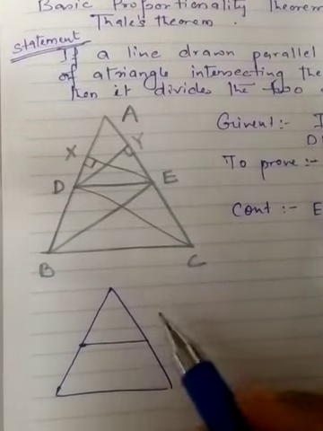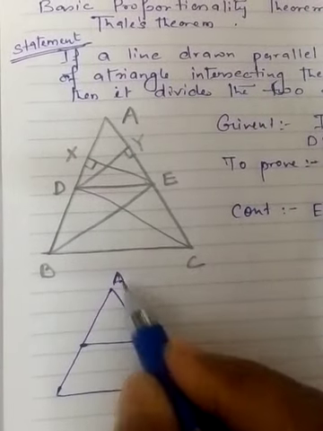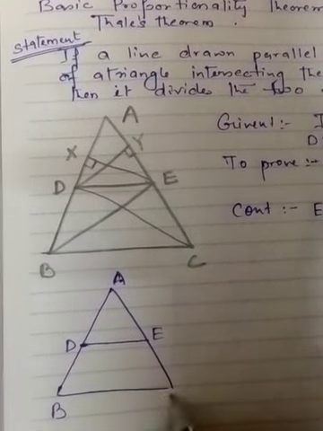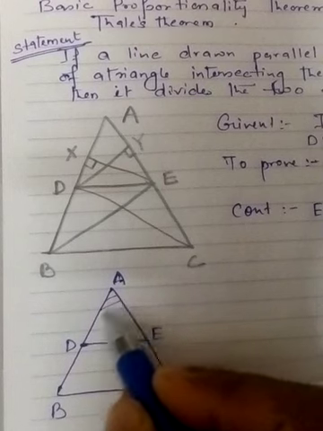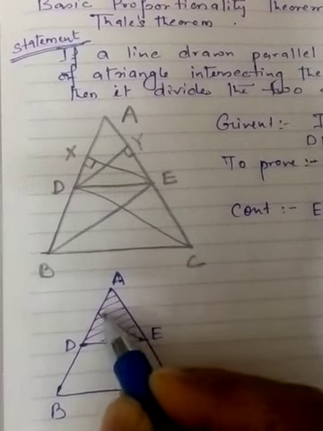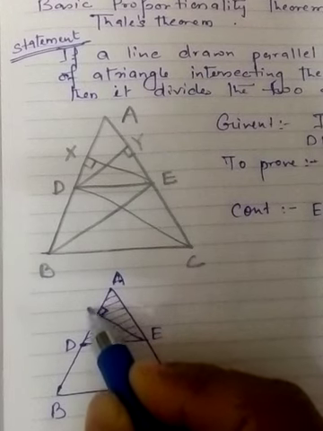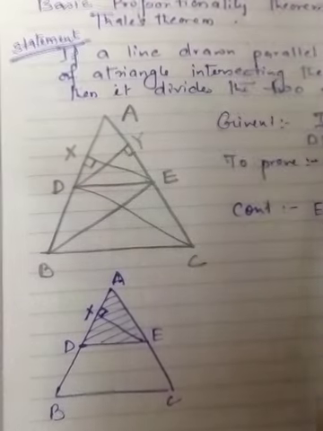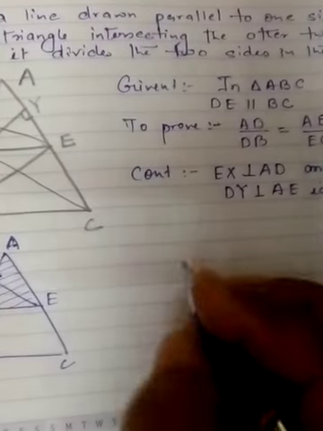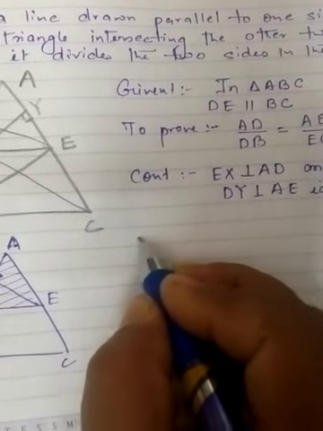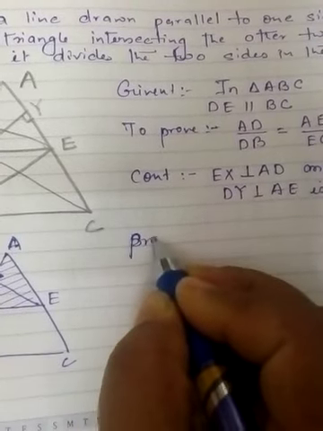Now I'm going to find the area of this small triangle. The area of this triangle, if we have a perpendicular line from E on AD, then the area of this triangle will be equal to, we have to find the ratio.